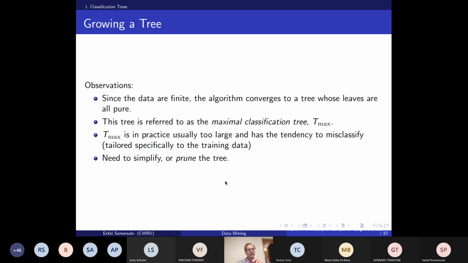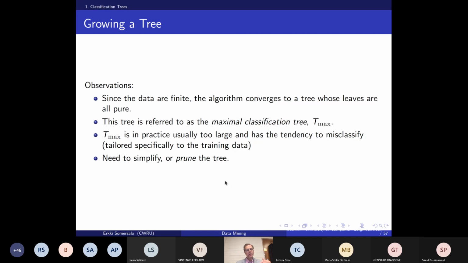So a little noise in data may change where you classify one single point, and therefore the maximal tree is prone to misclassify because of noise in the data. For these 2 reasons, you don't usually want to use the maximal tree for classification, but you want to use a tree which is, let's say, smaller, and its leaves may not be pure, but it does a decent job. So that's the idea.